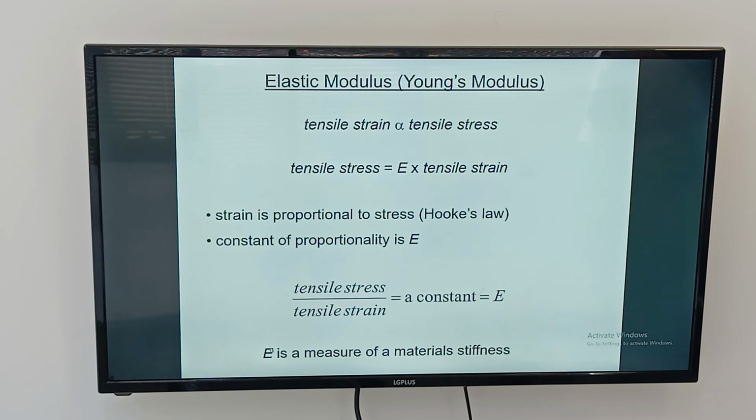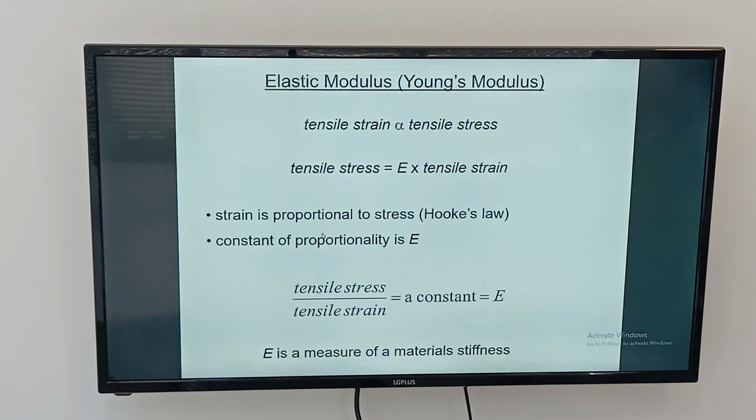Now, we're going to talk about something called elastic modulus or Young's modulus. Tensile stress is proportional to tensile strain, as you can see here. Tensile stress equals elasticity times tensile strain. The strain is proportional to stress according to Hooke's law that was at the beginning of this lecture.